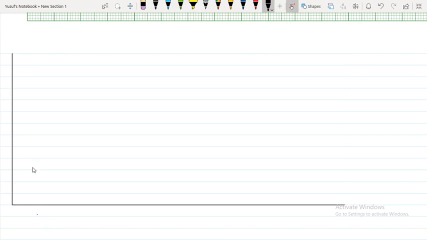So start point is here, start point of the curve, and it is the end point of the curve. And to construct the curve, we need the control points. Control points may be 1, 2, 3.